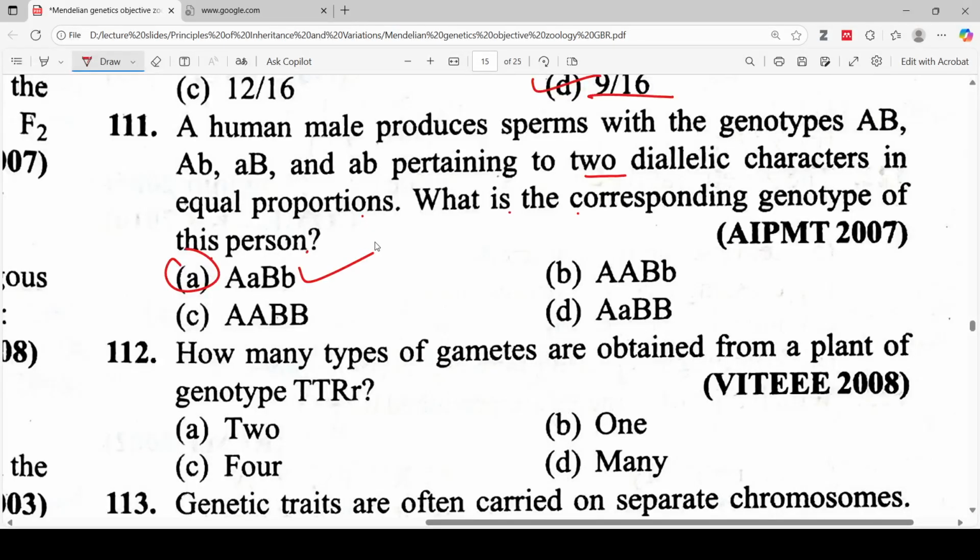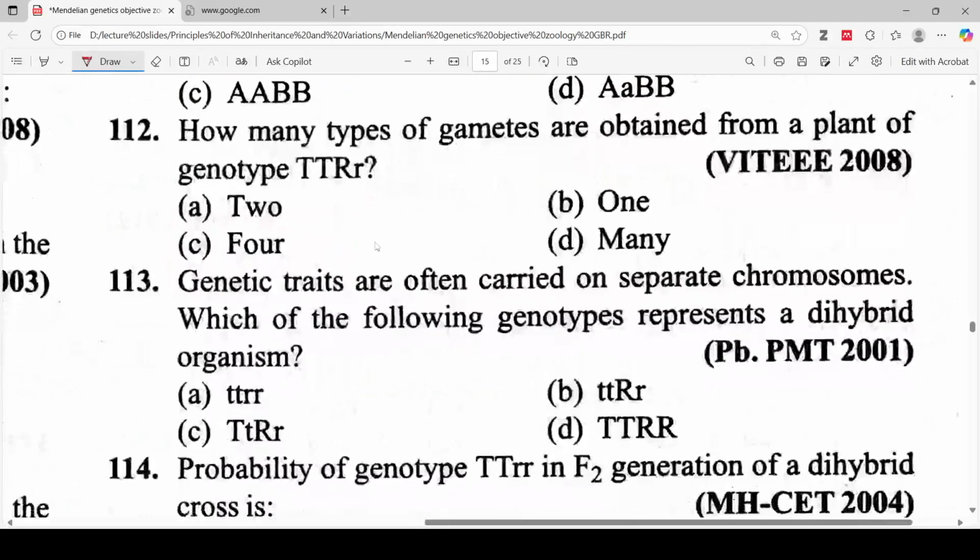So how many types of gametes are obtained from a plant of genotype? The correct answer will be two.